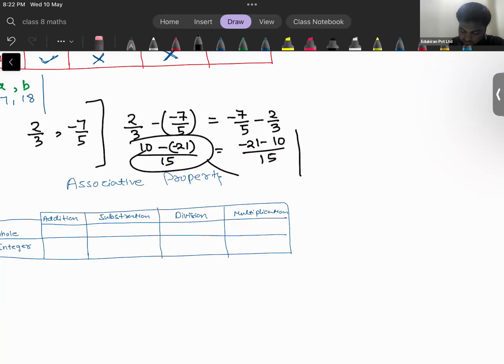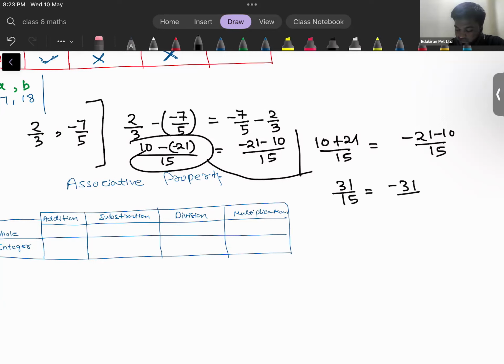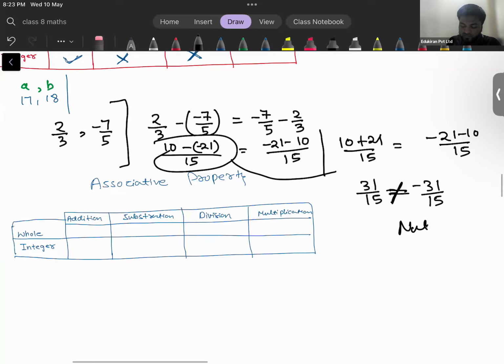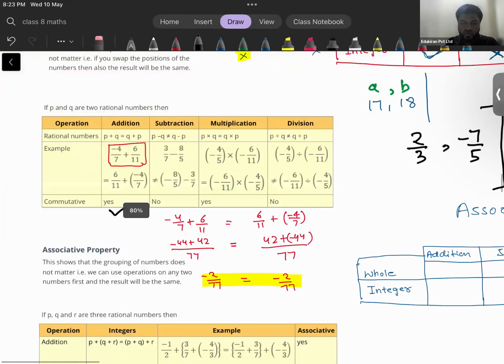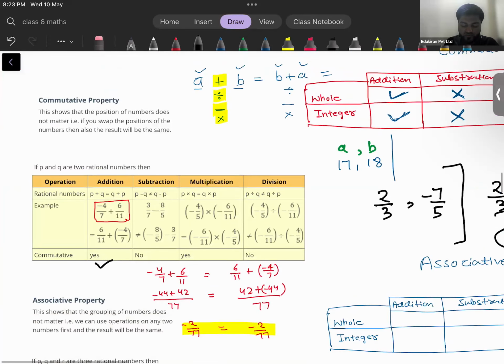So this becomes 10 plus 21 upon 15. So it becomes 31 upon 15, while the value on the right hand side is -31 upon 15. We clearly see that these two values are not equal. So we come to the conclusion that subtraction is not following the commutative property in case of rational numbers. So it's a no.